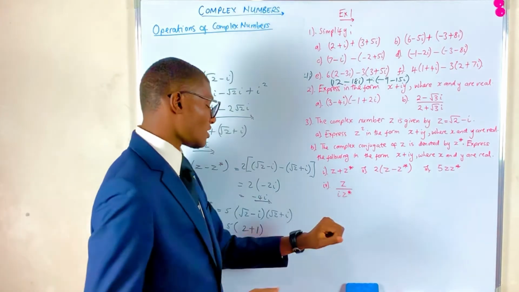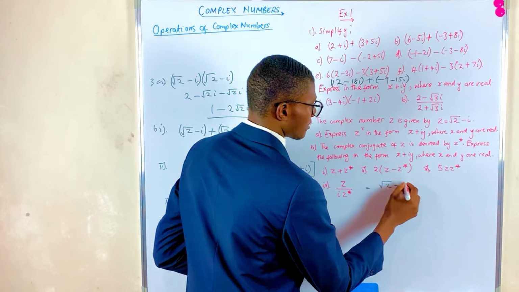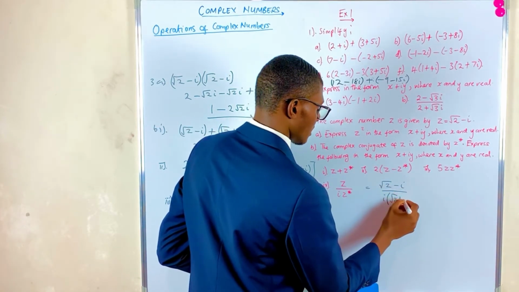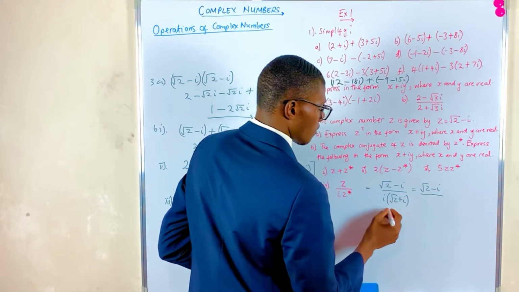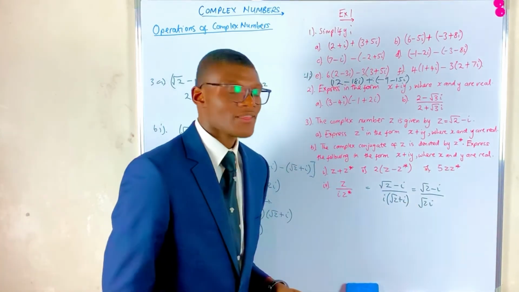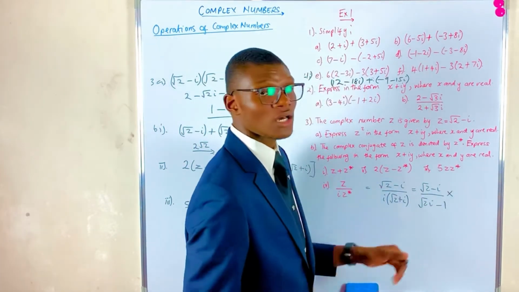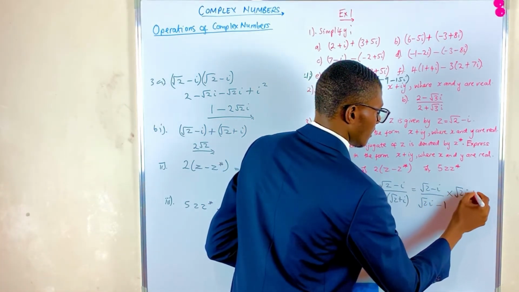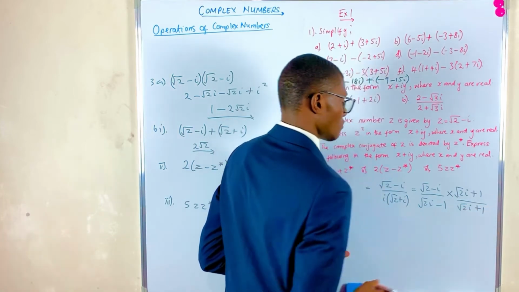And now moving on to the last part, which is part 4. We're saying z, which is root 2 minus i over i times root 2 plus i. This is root 2 minus i over root 2i. i times i, that's i squared, which is minus 1. So we are multiplying this by the complex conjugate of the denominator, which is root 2i plus 1 over root 2i plus 1.